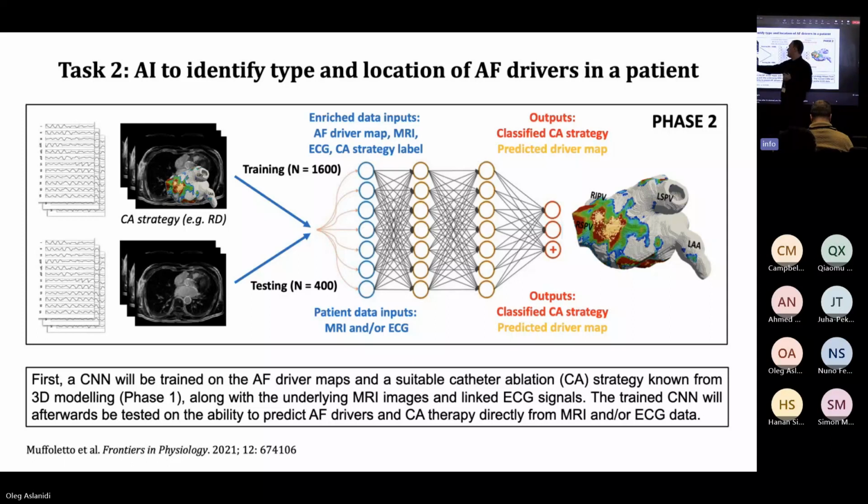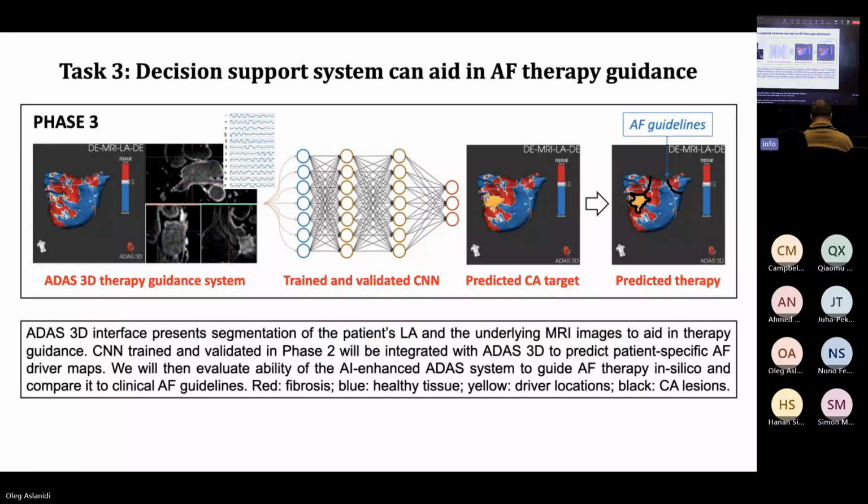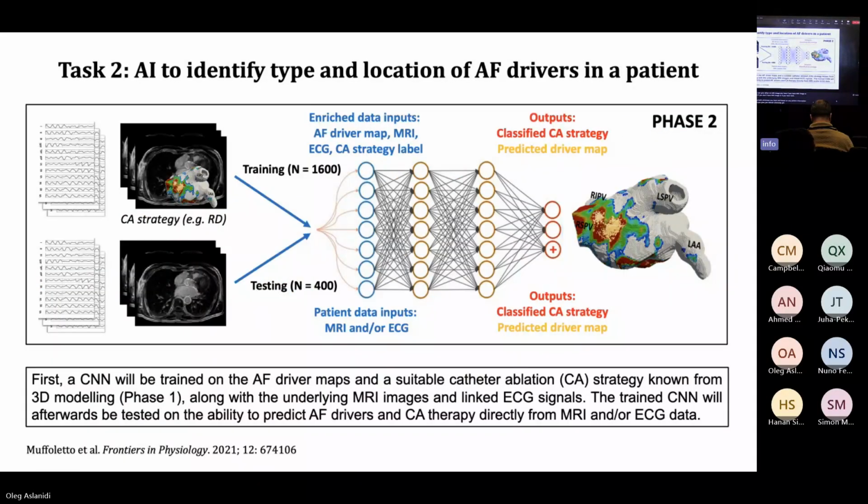You just give it whatever data is available. You can give either an MRI image if you have an MRI image, or ECG if you don't have an MRI image, or if you have both, give both, whichever you have. And based on any patient information that you give, you should ultimately get the same accuracy. So our target is to exceed 90% prediction accuracy.